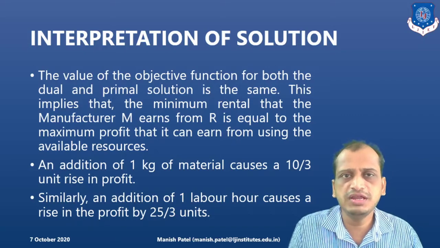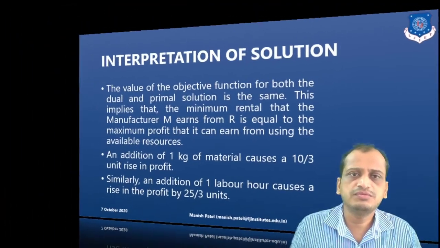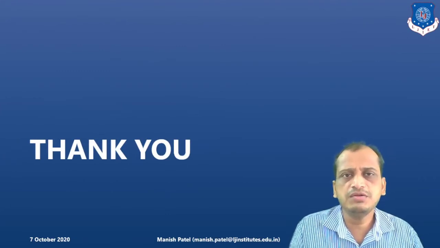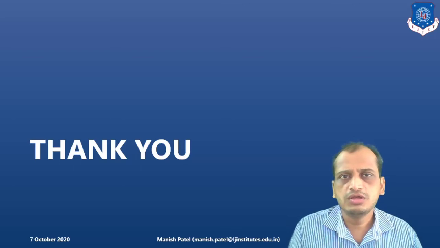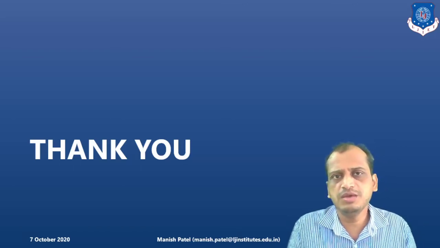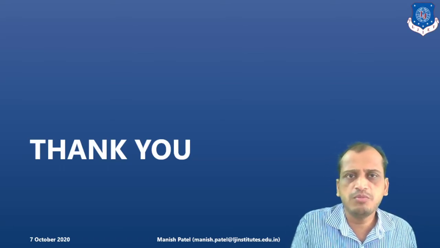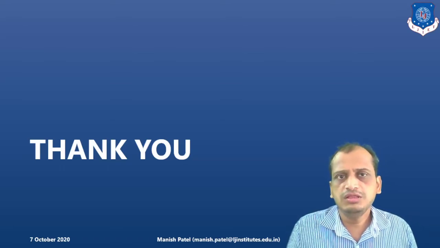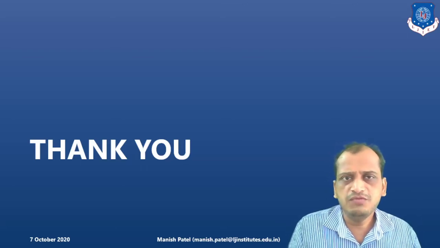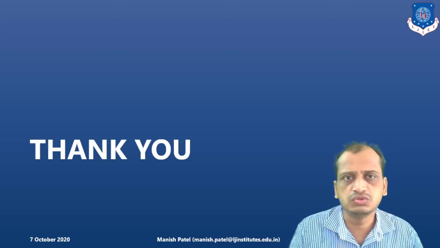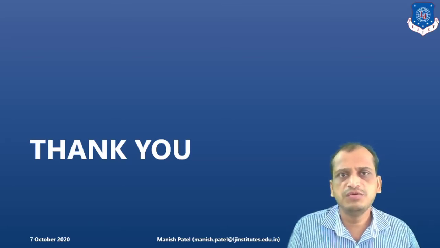Initially, we tried to understand the concept of the primal problem. The primal problem can be easily interpreted by converting it into the dual problem. The dual problem has a similar framework of variables. For example, when the primal problem is maximizing the profit, in the dual problem the manufacturer tries to minimize the rent paid for the resources, with maximum utilization of resources at the minimum rent.